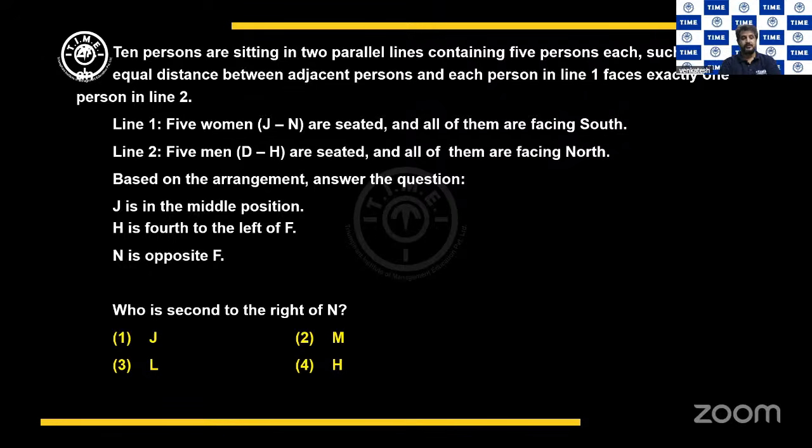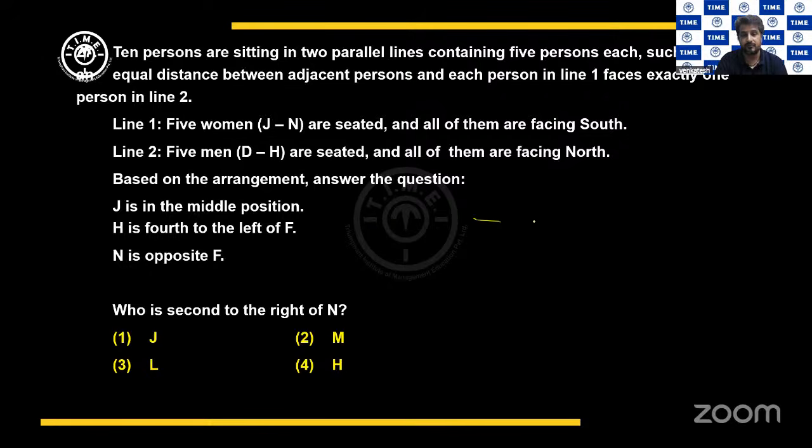Line 1. 5 women J to N are seated. All of them are facing south. Line 2. 5 men D to H are seated. All of them are facing north. But nowhere is it mentioned that they are in the same order. It could be any order. So we have to decide the order. Fine. Based on the arrangement, answer the following questions.